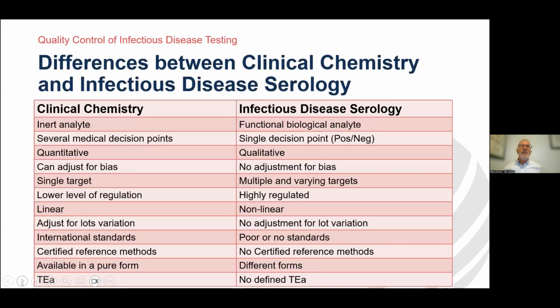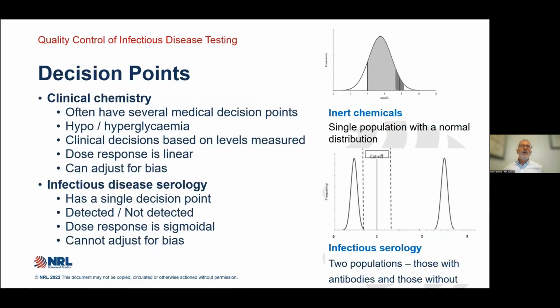This is a list of the differences between clinical chemistry analytes and infectious diseases analytes. When I talk about clinical chemistry, I'm talking about inert chemicals like glucose, potassium, and urea. I'll go through some of these. First of all, if we take all of the people in a city and test them for glucose, we'll get a standard curve like this one, where the vast majority of people will fall within the normal reference range.